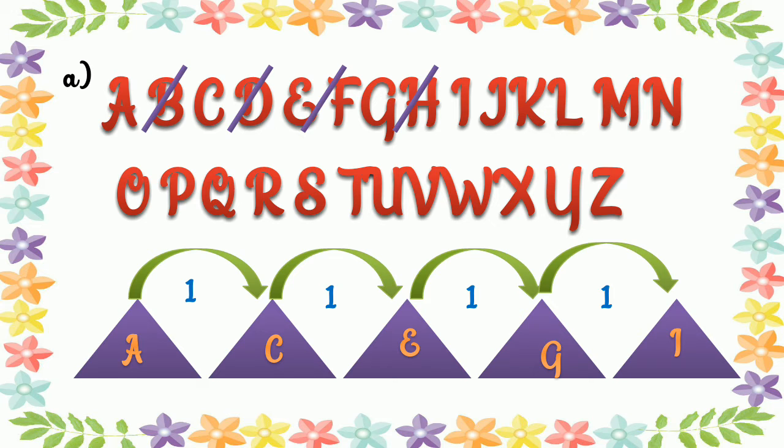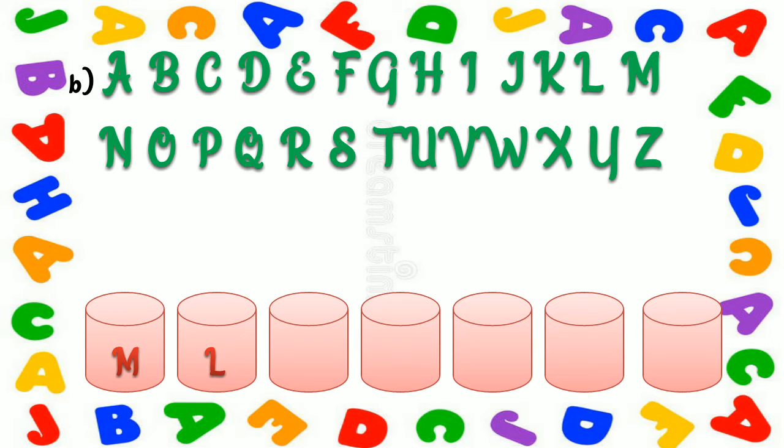So now we are going to learn the next question, and our next question is: here we have M and L. So now we see in a continuous series which letter comes next.